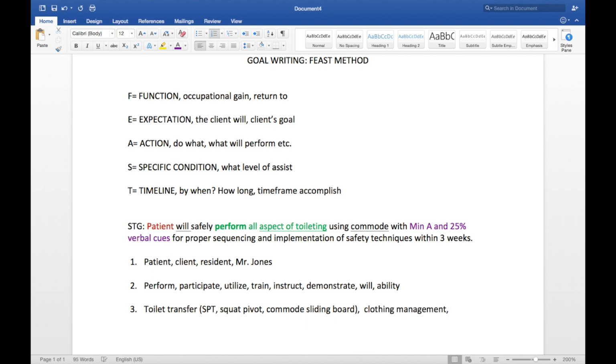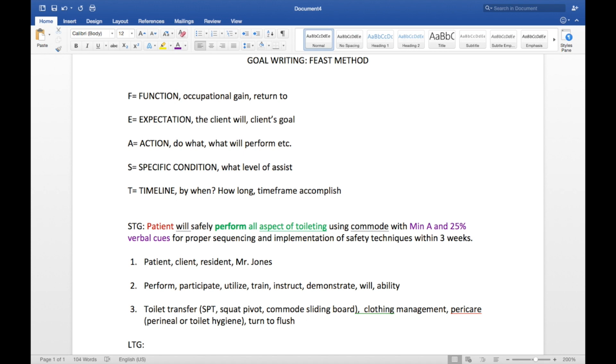All aspects can include clothing management, pericare or perineal care, or toilet hygiene. Okay, so all aspects falls under this. Turn to flush. So when you see all aspects, that's what I'm referring to, and this is just my way of writing that when I want to include everything we're doing.